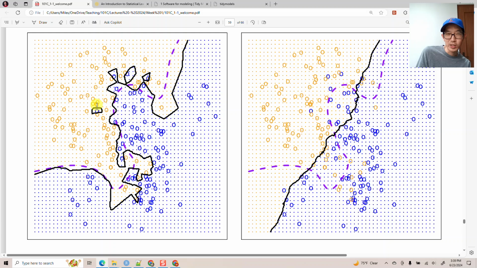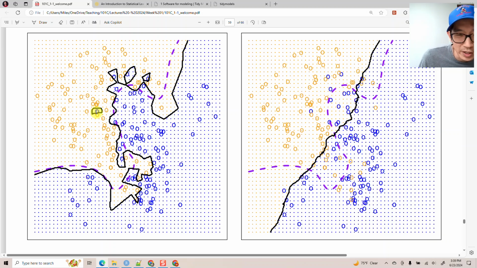Because as far as that goes, the closest observation to the test point out here is going to be this blue dot. Similarly, you have these orange dots out here, and so it draws this. With k equal to 1, you get this really jagged boundary, shown in this black line.